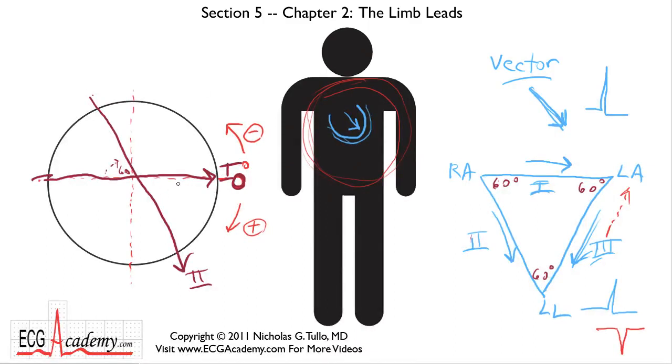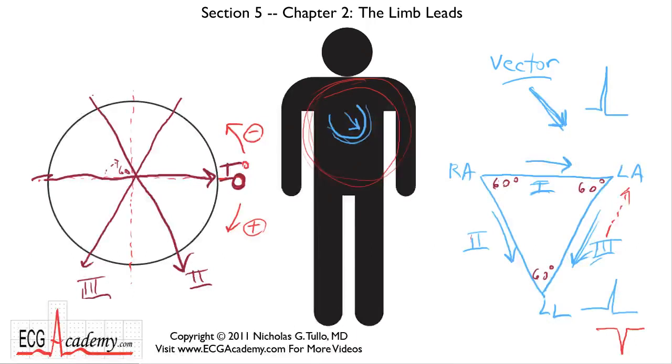But it's beginning to divide this circle into 6 equal parts. Now lead 3, which is from left arm to left leg, we would naturally draw just like this and label it lead 3. And thus we've divided the circle into 6 equal parts, and we've defined angles that correspond to these 3 basic ECG leads.